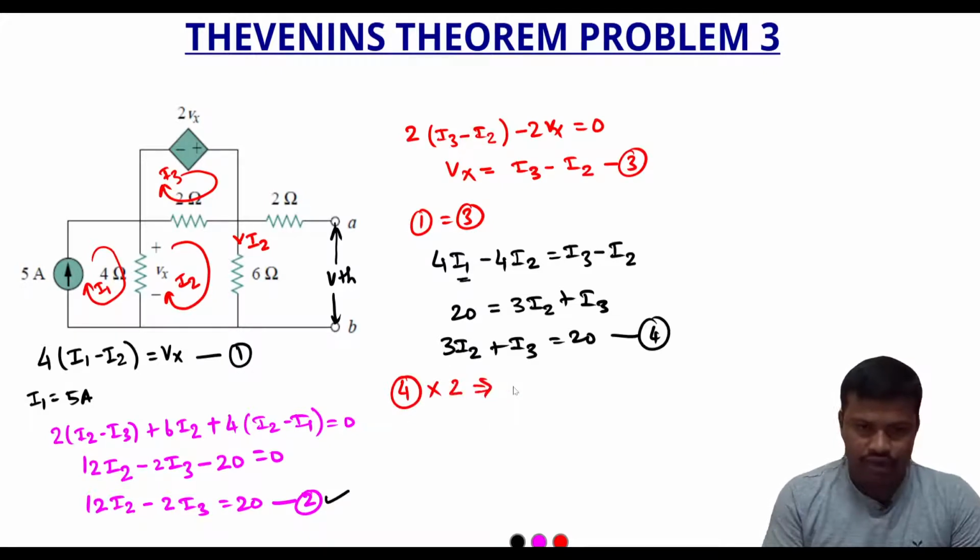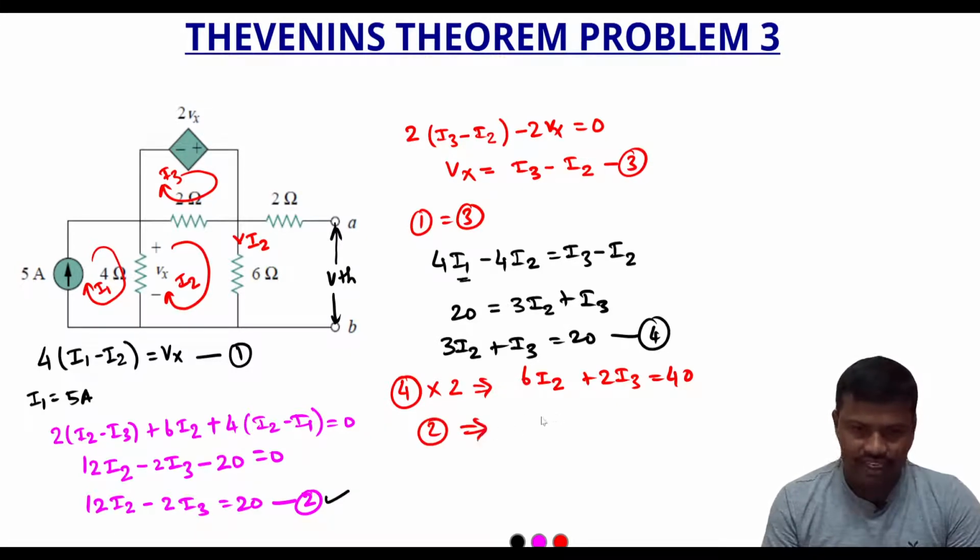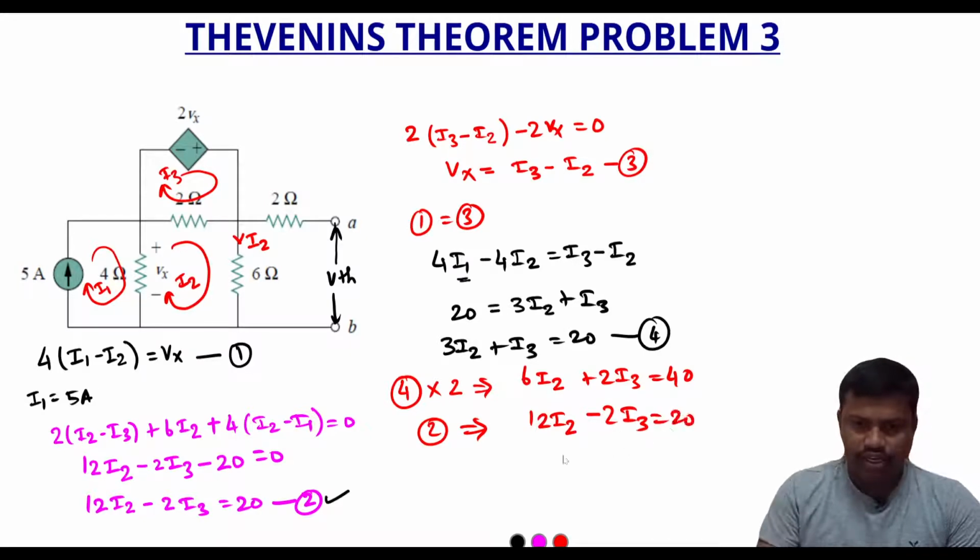So the equation will become 6I2 plus 2I3 is equal to 40, and equation 2 we can directly write as it is. So the value will be 12I2 minus 2I3 is equal to 20.